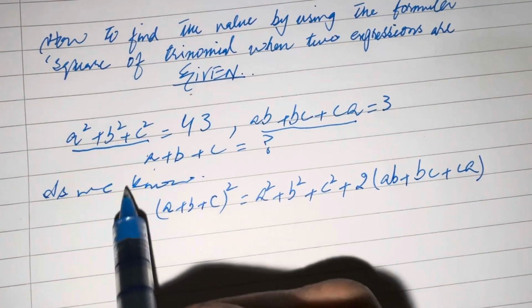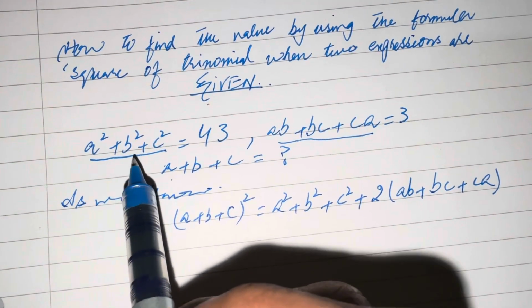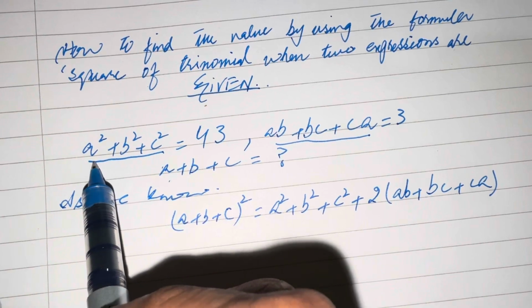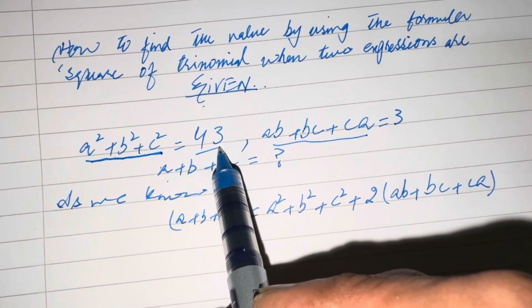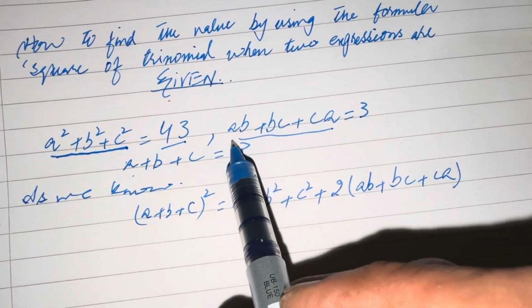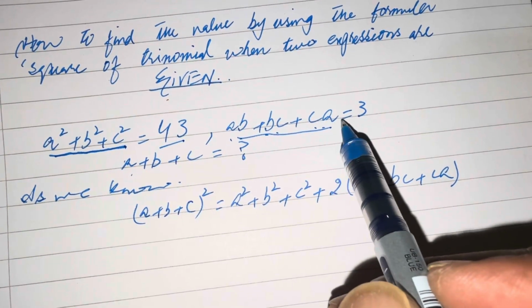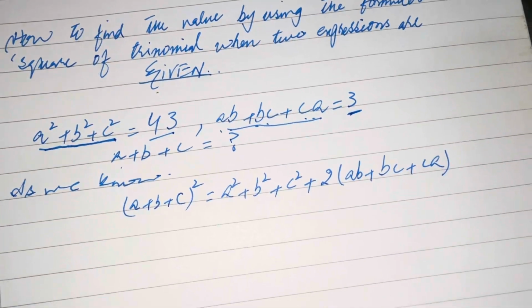If you see the example that is given over there, the value of a square plus b square plus c square is given as 43, and the value of ab plus bc plus ca is given as number 3.